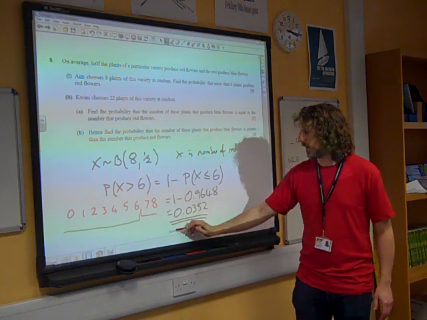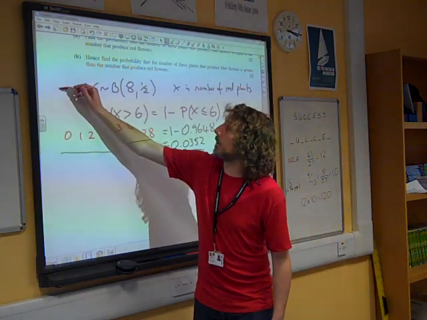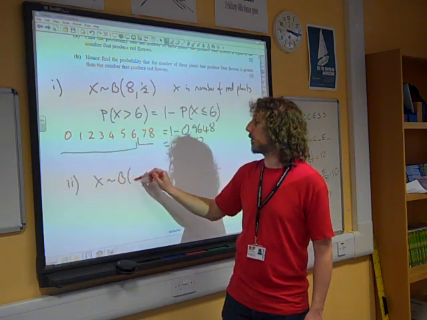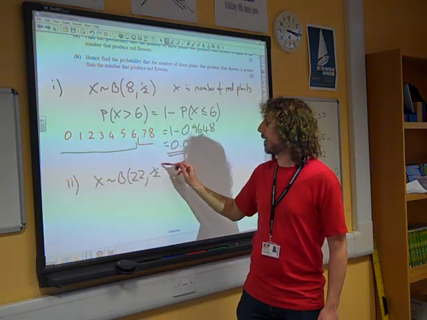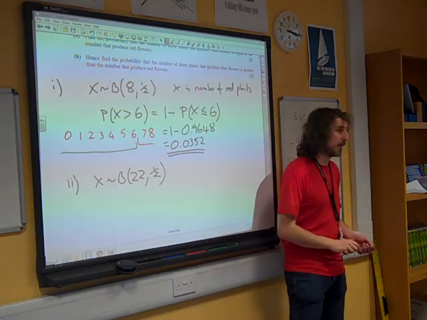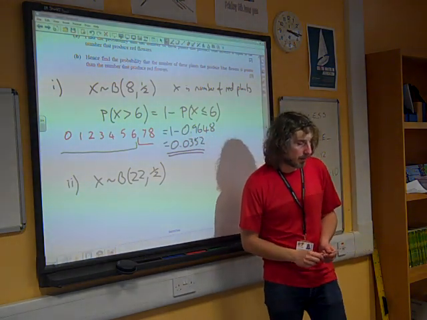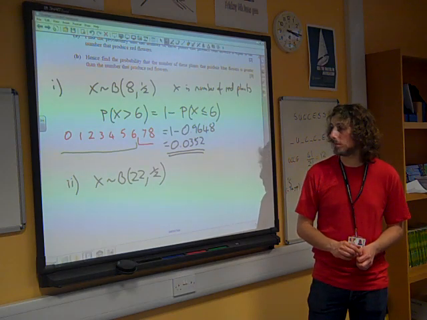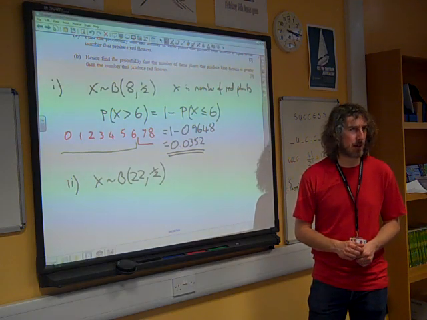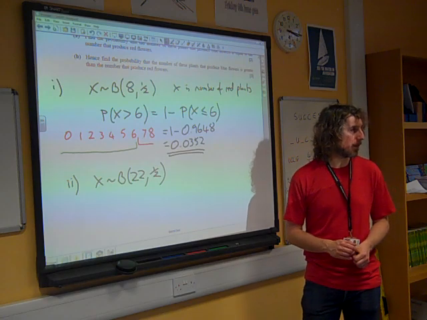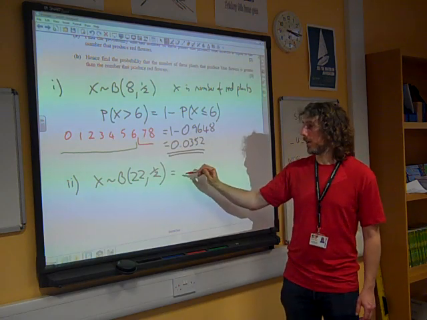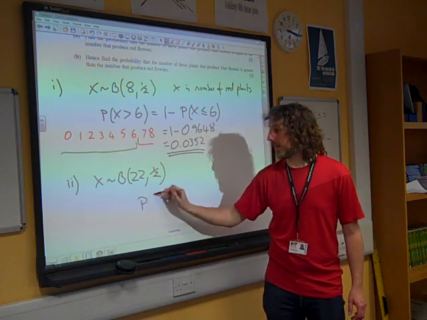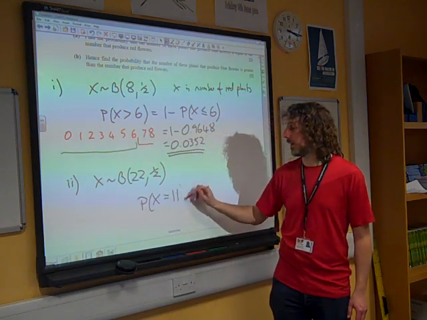We've now got 22 plants, still with the probability of success being a half, and I want things to be equal. Well, that means I have to have 11 of each, doesn't it? So that's another way of saying what we've been asked for here, the probability of X being 11.